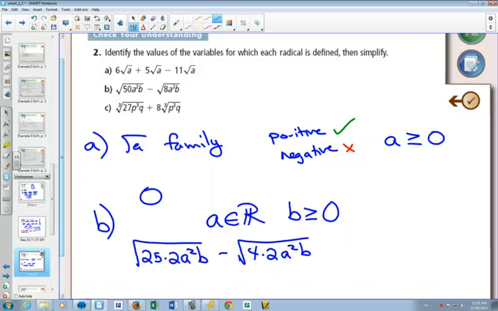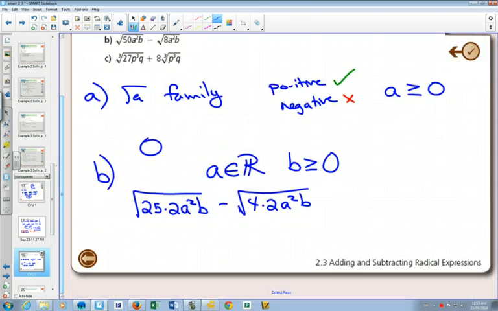And I'd still have the A squared and the B. What is the square root of 25? 5. Are there any variables that I could pull out? With a square root, you would need 2 of something in order to pull 1 out, right? And I have an A squared, so an A could come out.